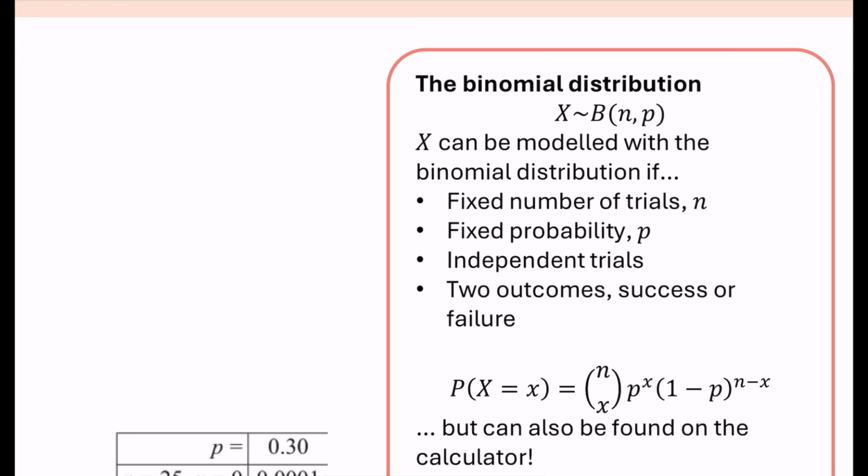So x can be modelled with the binomial distribution if there is a fixed number of trials, which is n, there is a fixed probability, which is p, the trials are independent of each other, and there are only 2 outcomes, success or failure. So it wouldn't work for something like win, draw, or lose, because there are 3 outcomes. It would only work for a game where it's either like win or draw.